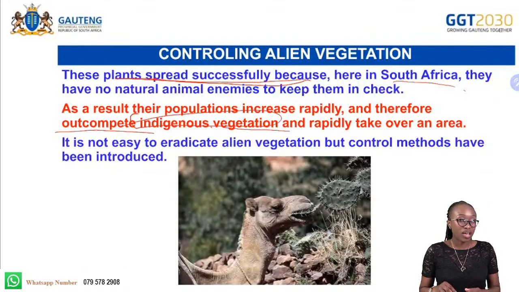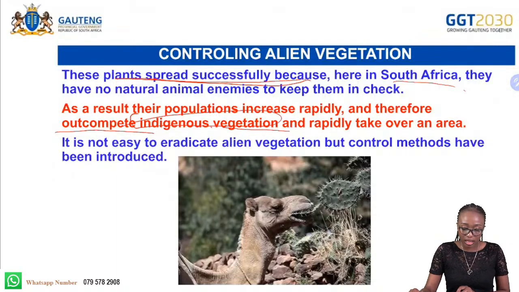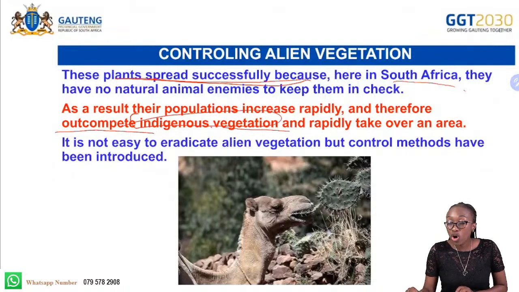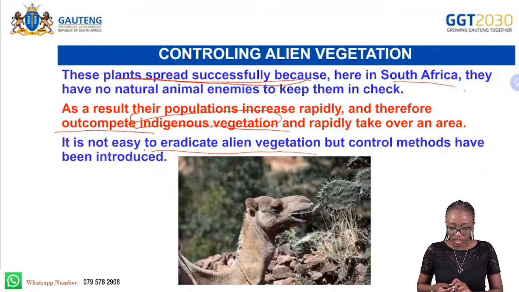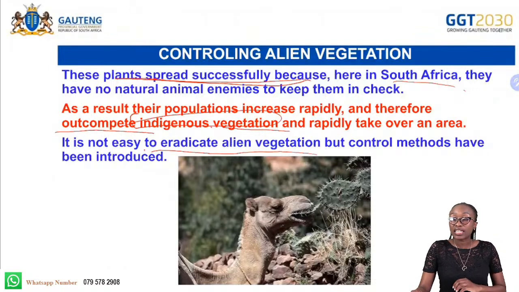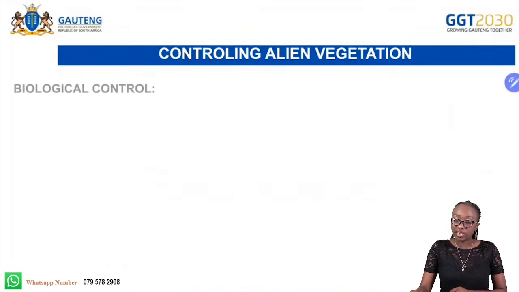Our country doesn't have many camels, so the prickly pear will grow and thrive and outcompete the indigenous plants that are found in the area. And it is not easy to eradicate alien vegetation, but all hope is not lost. There have been methods that have been introduced to control alien vegetation.